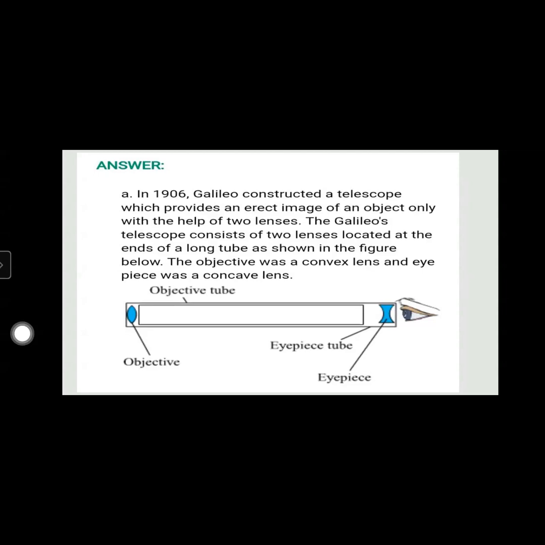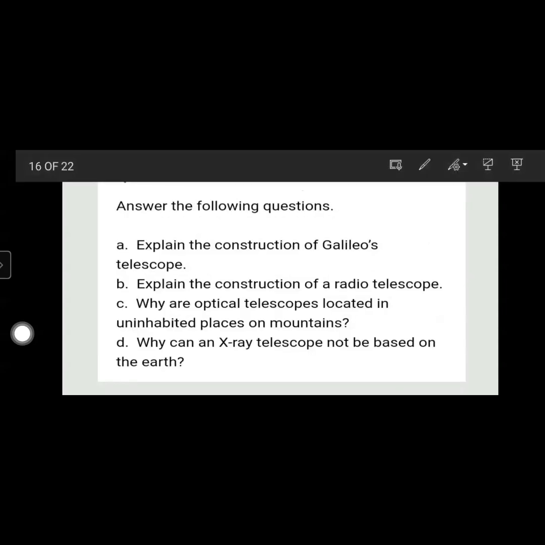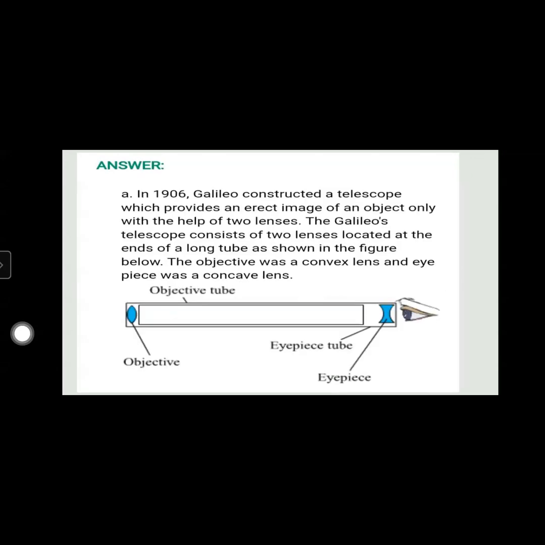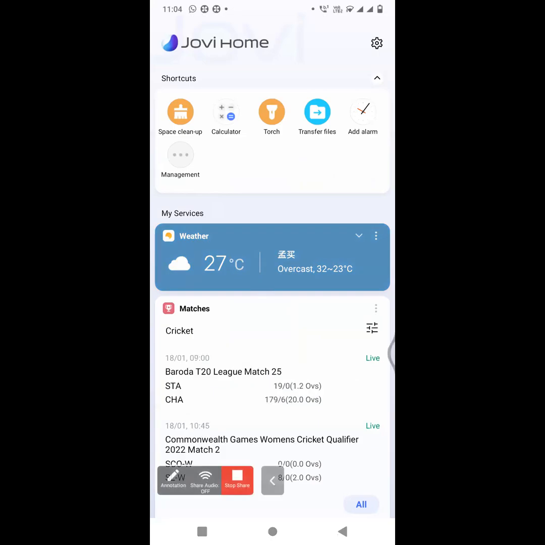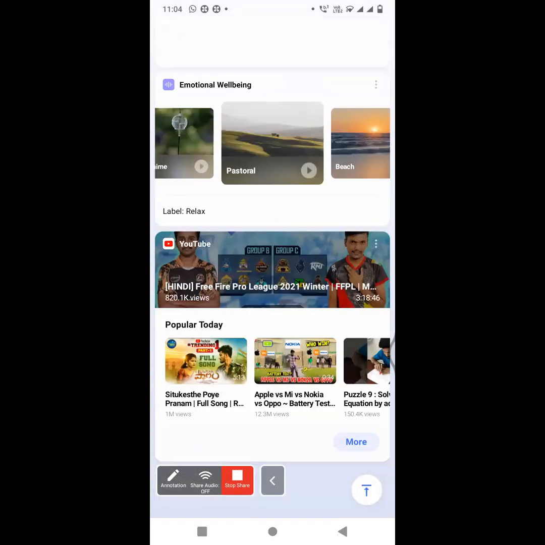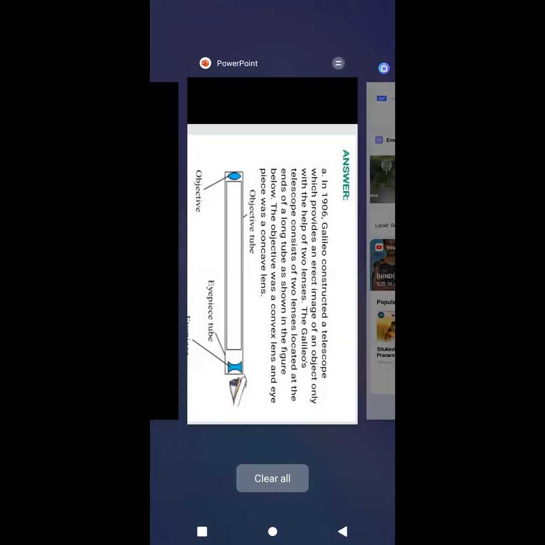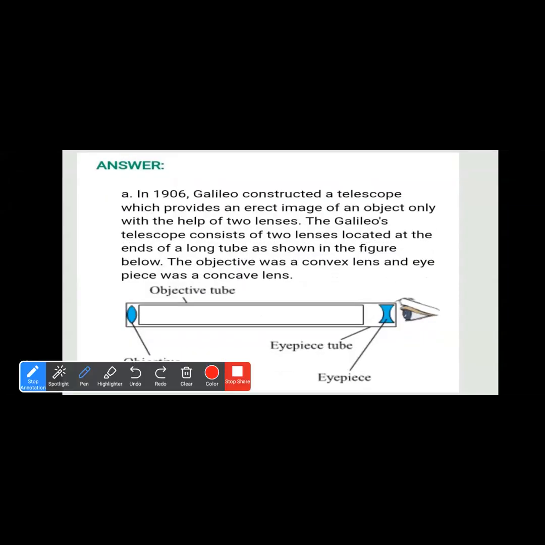Right. So you can see here. So it was a very easy kind of telescope. Right. So here you have to highlight, two lenses were used.